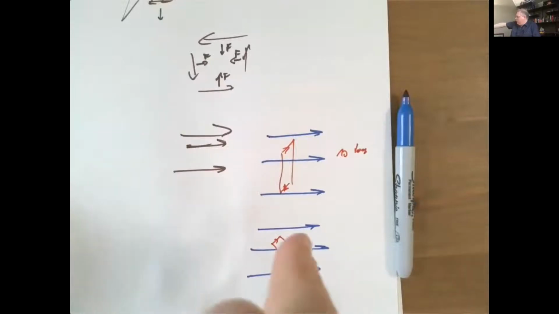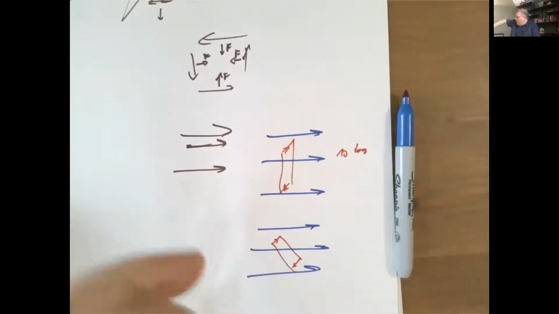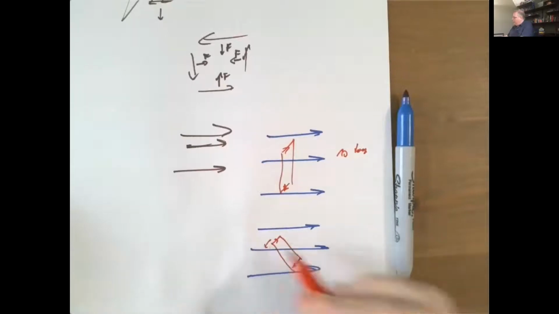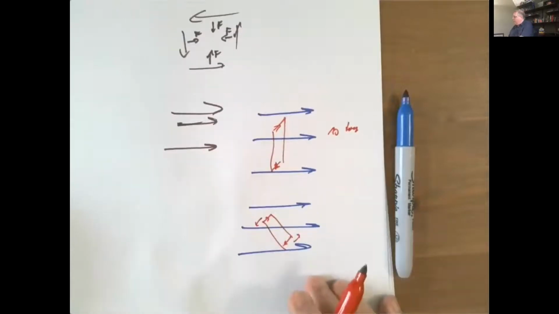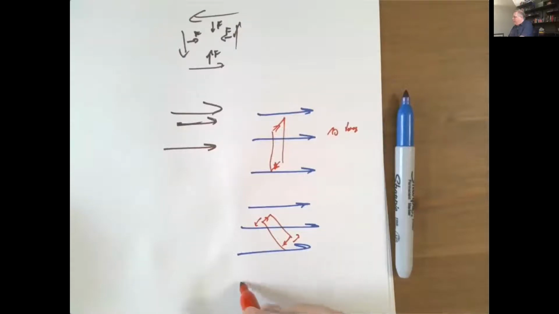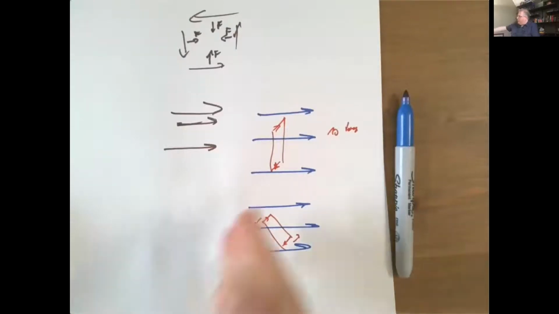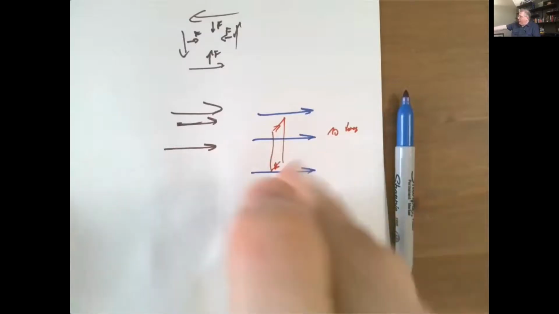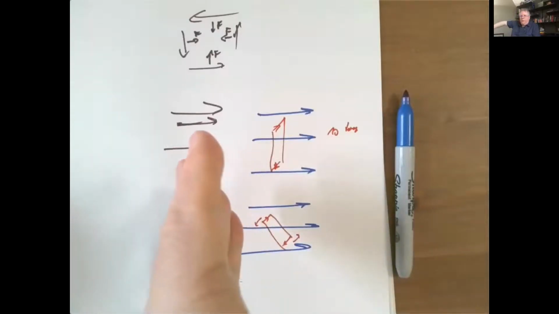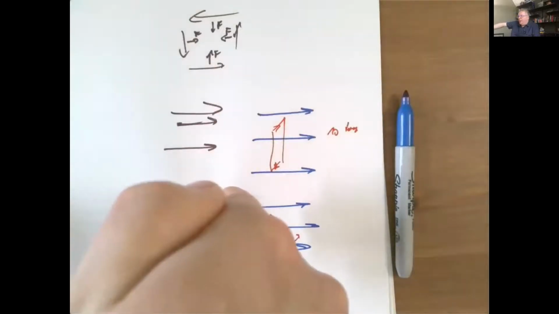V cross B is down, so this guy's getting pulled this way, this guy's getting pulled this way. And then he'll eventually reach horizontal and he'll keep getting pulled. So this guy will want to rotate around to flip in one direction. So if the field is pointing one way, he'll want to flip around to point one way, and if the field is pointing the other way, he'll want to flip around to point the other way.